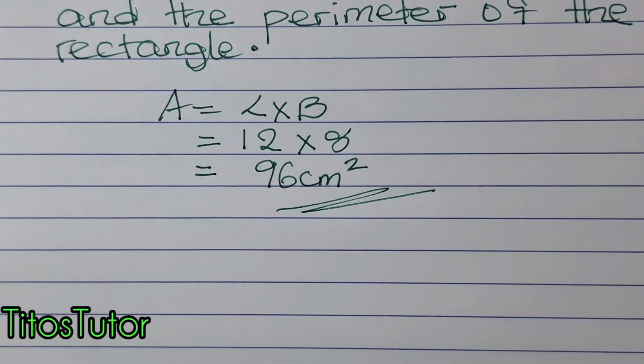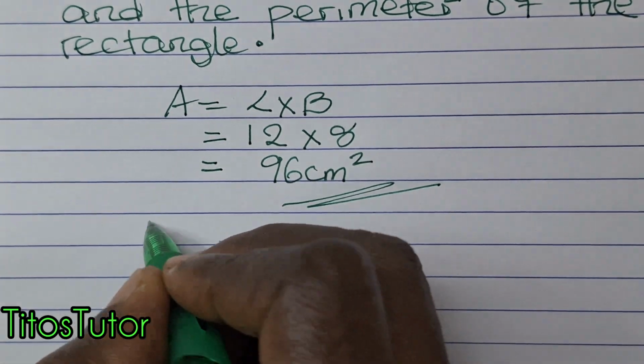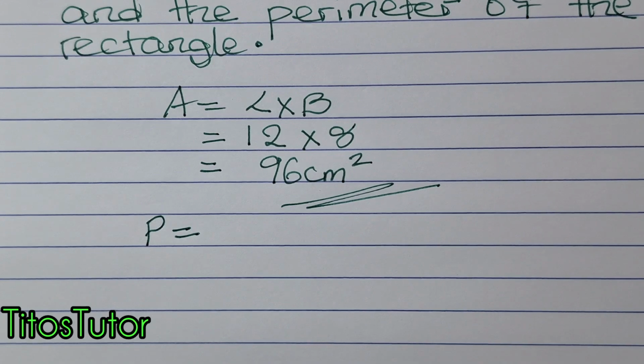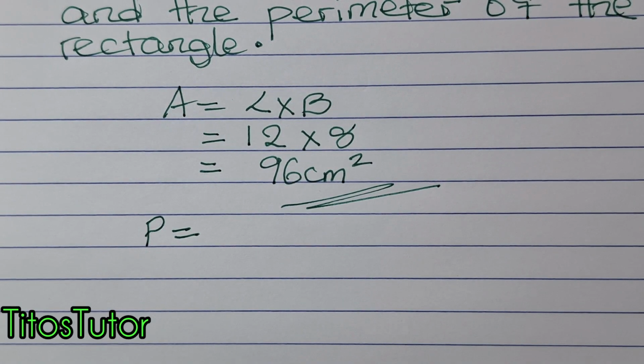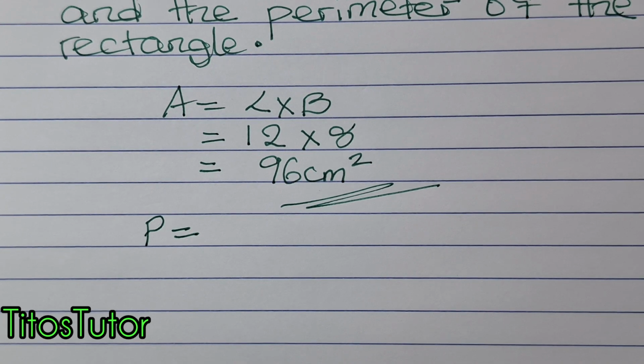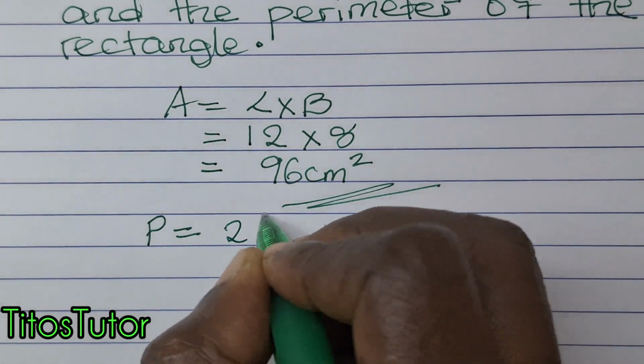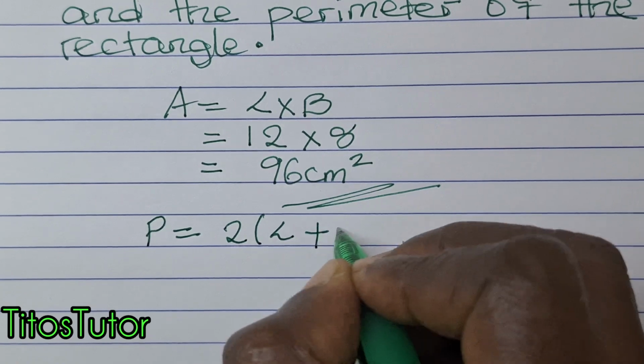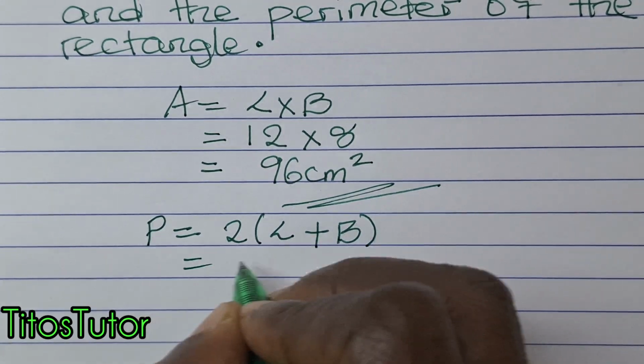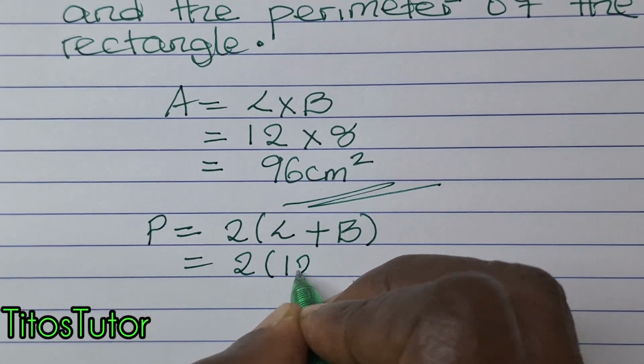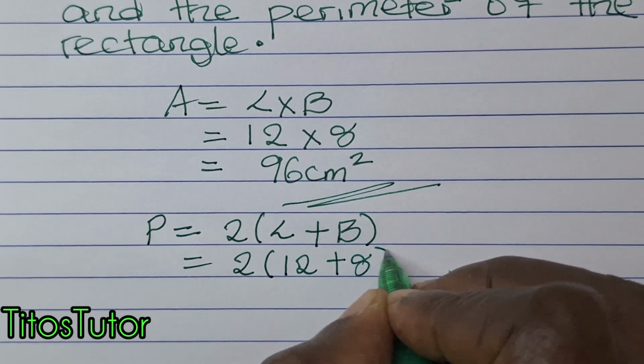Now I'm supposed to find the perimeter as well. Perimeter of a rectangle is to add all the 4 sides together, right? But you can add the length and the breadth and multiply by 2, same thing. So it is 2 into length plus breadth. So this is 2 into 12 plus 8.